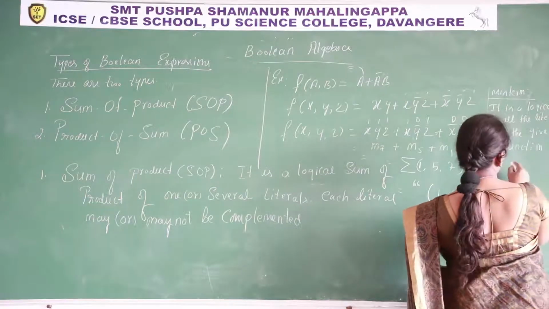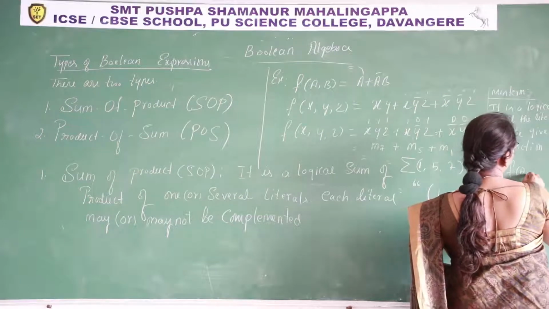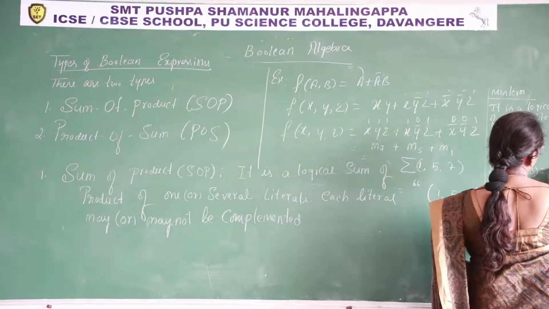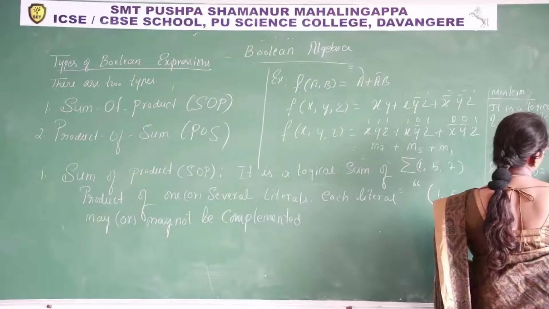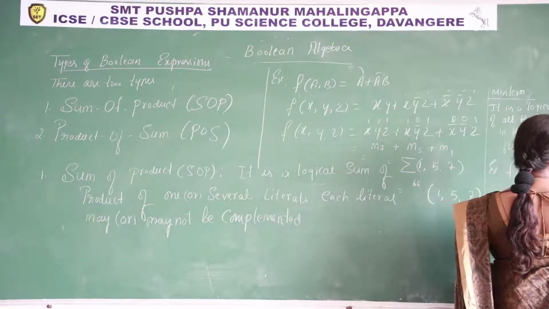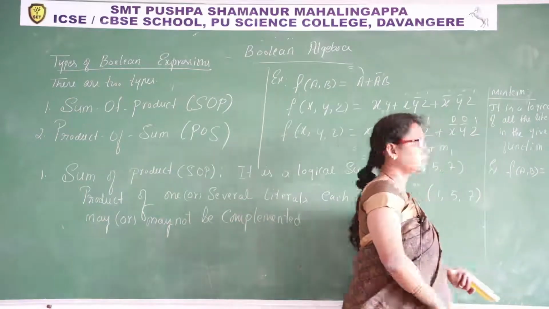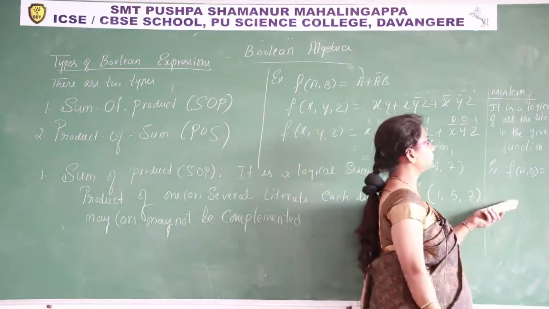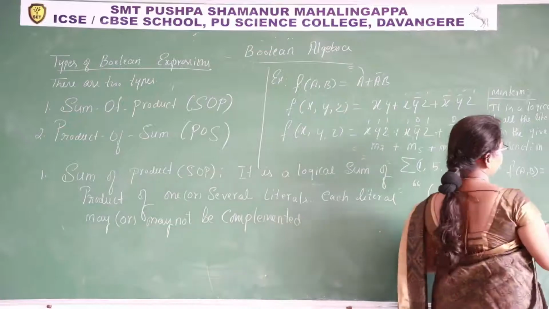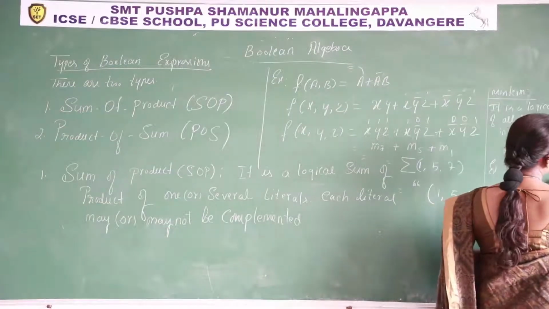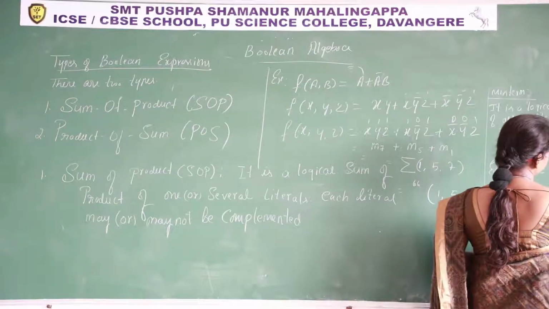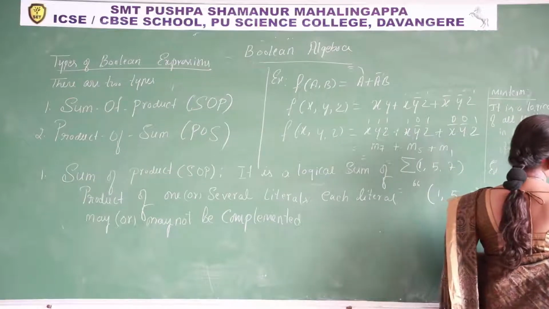Example, f of a comma b is equal to ab plus a bar b plus ab bar. So each term we call a min term. You must show it like this, min term.